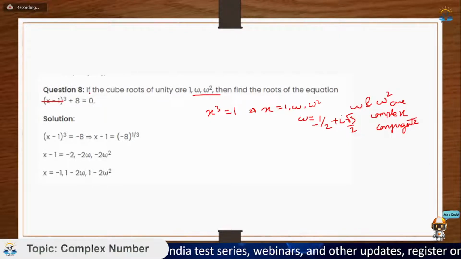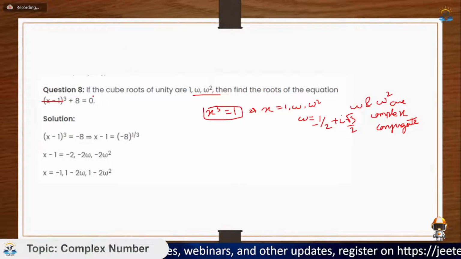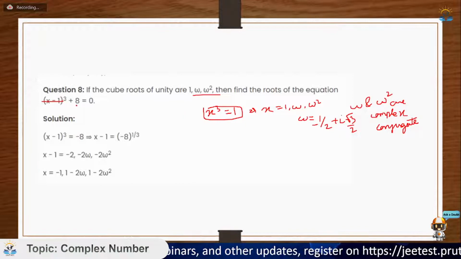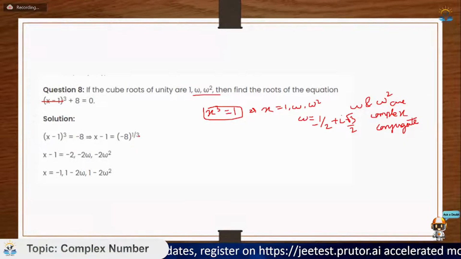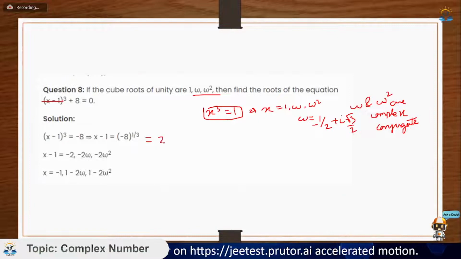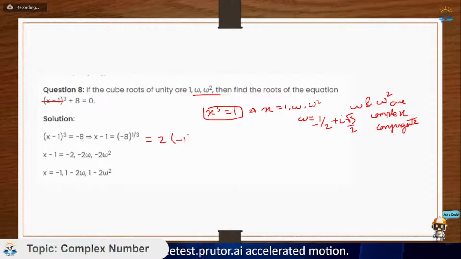So from here, I have been given the solution for x cube equal to 1, and the solution for x minus 1 whole cube equal to minus 8 is asked. So x minus 1 cube is equal to minus 8. From there, I will get x minus 1 equal to minus 8 power 1 by 3. So basically, this is equal to 2 times minus 1 power 1 by 3.